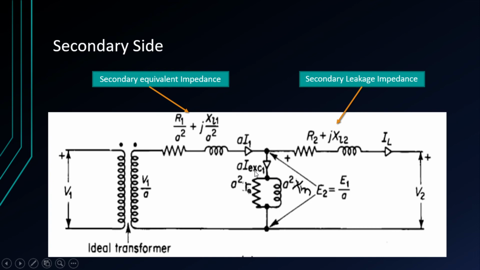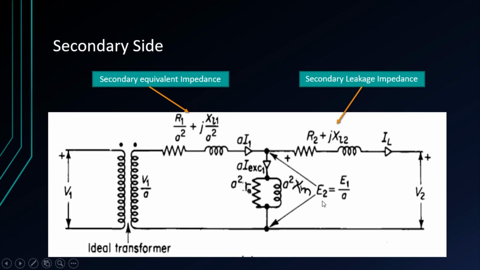Next, we have here the losses or the exciting current. In the primary side, we have here the R naught lang. Here we are going to multiply the ohmic ratio na A squared in both sides, in the R naught and the magnetizing reactance.